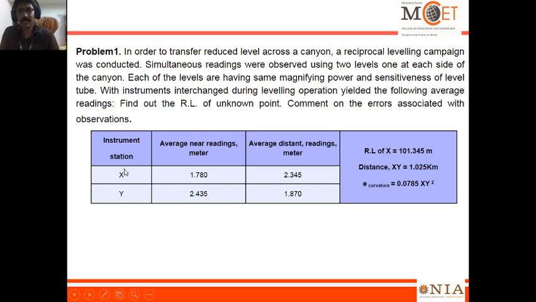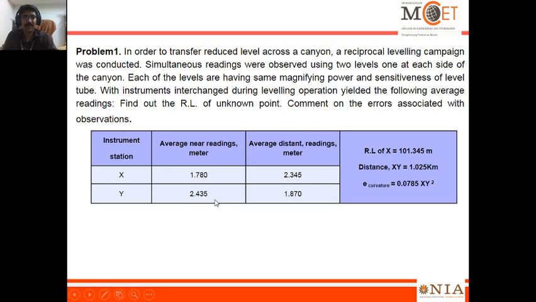When the instrument is at x, the staff reading is 1.730, and at the other end, when the leveling staff was held, the staff reading is higher. If the staff reading keeps on increasing, it means the terrain falls. Similarly, when the instrument is nearer at y, the same type of reading is obtained.